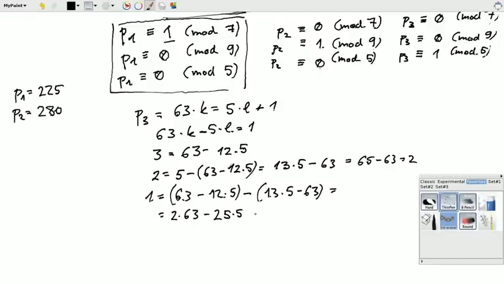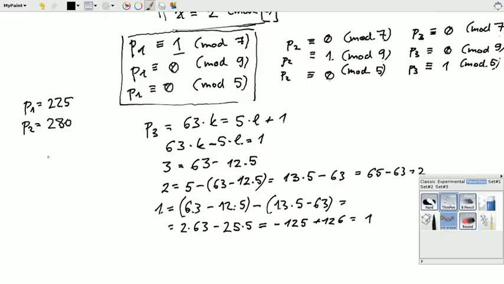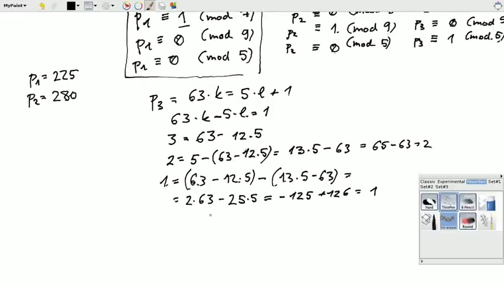And now let's check that it fits, because my brain usually has some malfunction, as Salman Khan sometimes puts it. 25 times 5 is equal to 125. And 2 times 63 is equal to 126. Hooray! So that would be 1. Good. Now we know that 1 is equal to 2 times 63 minus 25 times 5.